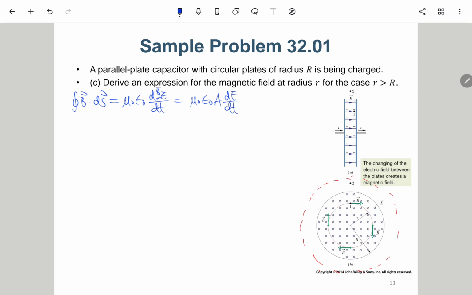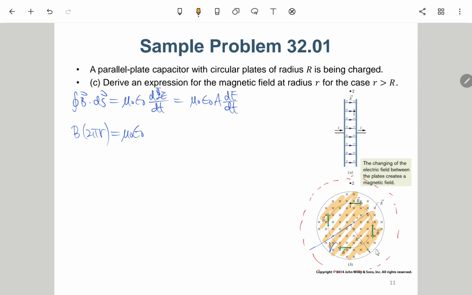We just give you the steps because they are actually the same as the previous case. Here is the difference. For the left side, the integration of B dot ds is still B times 2 pi r for this path. But on the right side, it is mu naught epsilon naught, and this A we just consider up to this part.